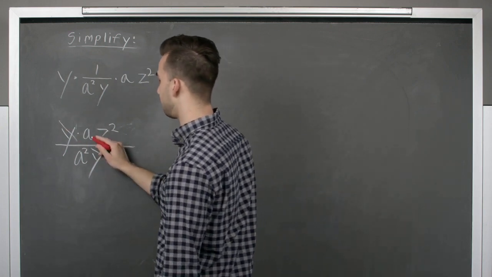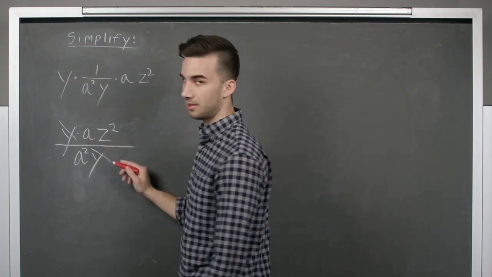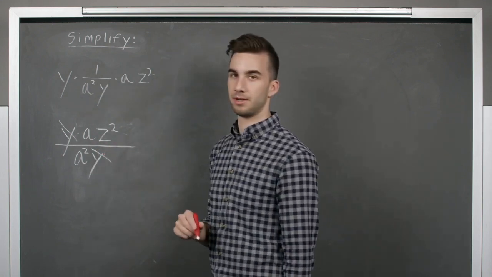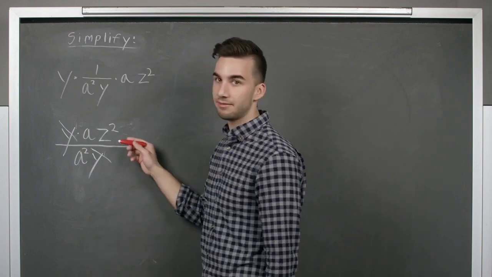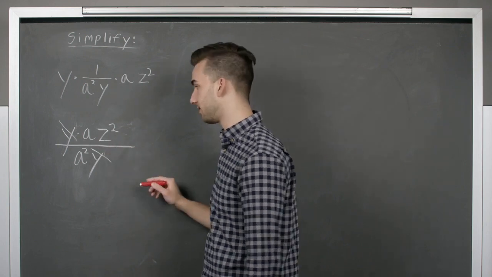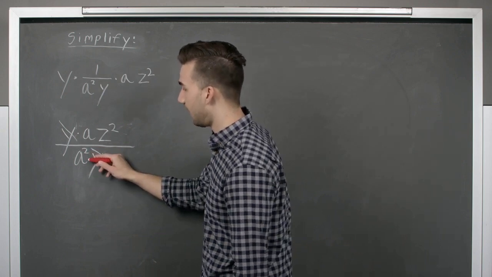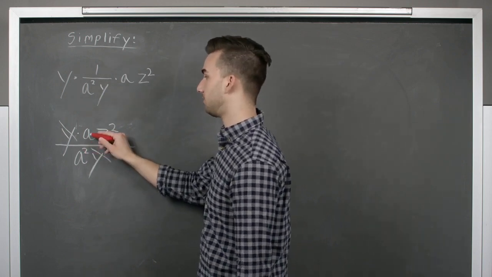Now we're just left with our a's here. Because in our solution we always want to be left with a positive exponent. And if you're left with a negative exponent, you just need to move the variable to the opposite side of the fraction bar. But anyway, our positive variable for a would be on the bottom because we have more a's on the bottom than the top.